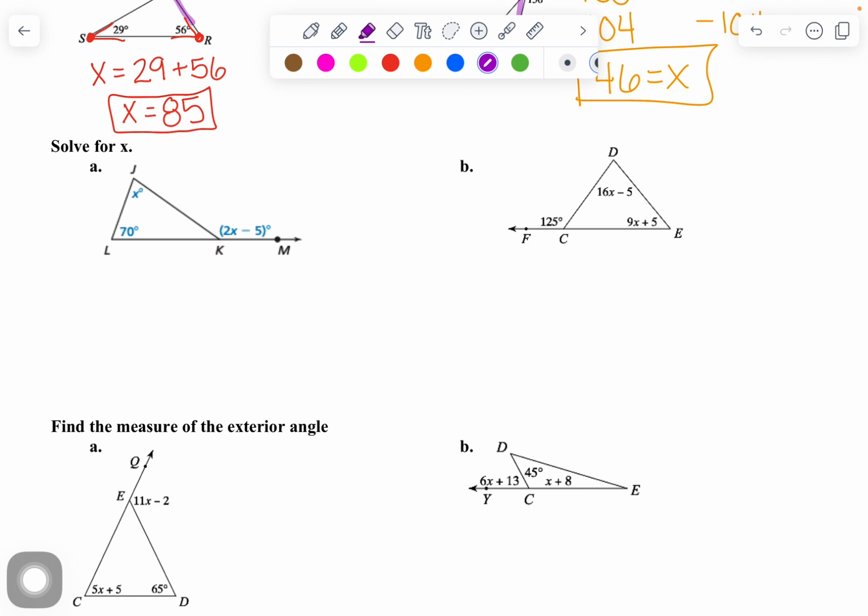Okay, I've changed instructions. These ones are a little more complicated, but the process is the same. And notice I've got an outside angle. That's my exterior angle. That is going to be the one that is on its own in the equation.